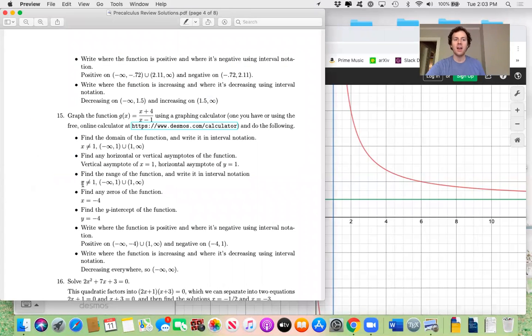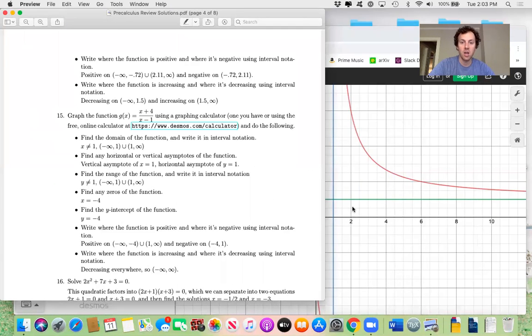And so y not equal to 1, or in interval notation, it's the same thing we had here, but it's talking about which y's come out. The next two problems, zeros and y-intercept, are really asking you, if you know what points to look for, it's all about just identifying points.